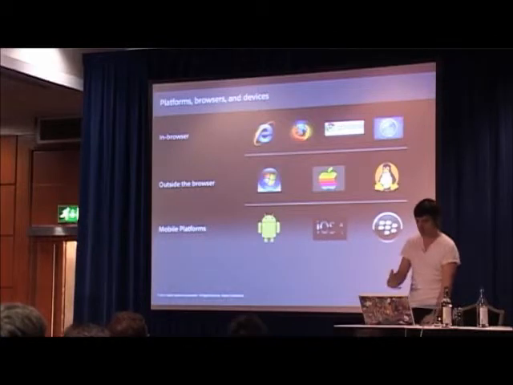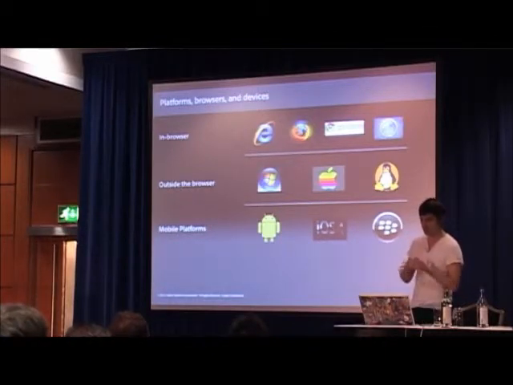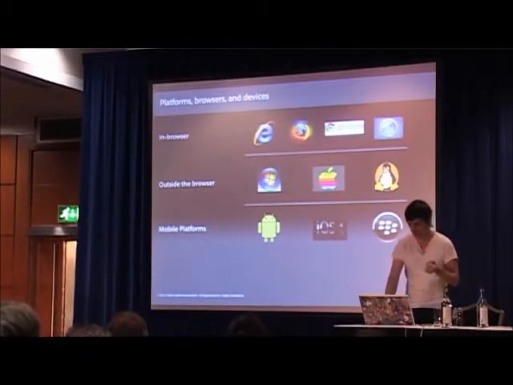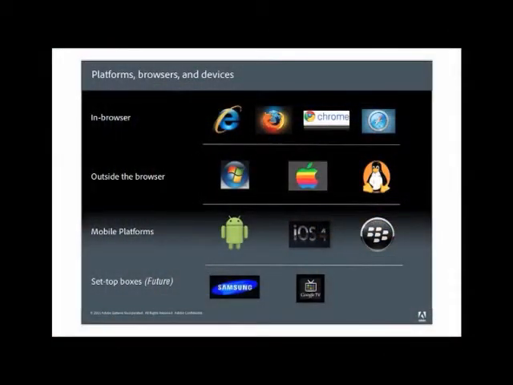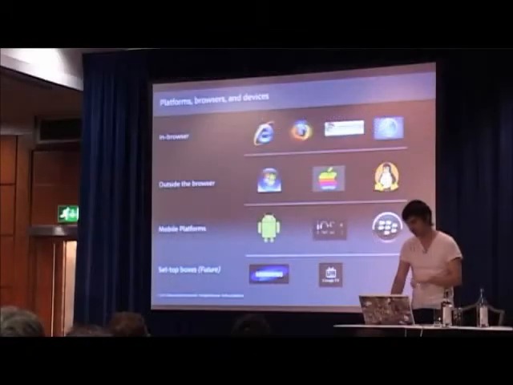You can now target mobile platforms, so Android, iOS, and the Playbook. And we are working on interactive TVs. So the next generation of Samsung televisions will directly embed Flash and Adobe Air so that you can run your Flex applications. And Flash is also inside Google TV.